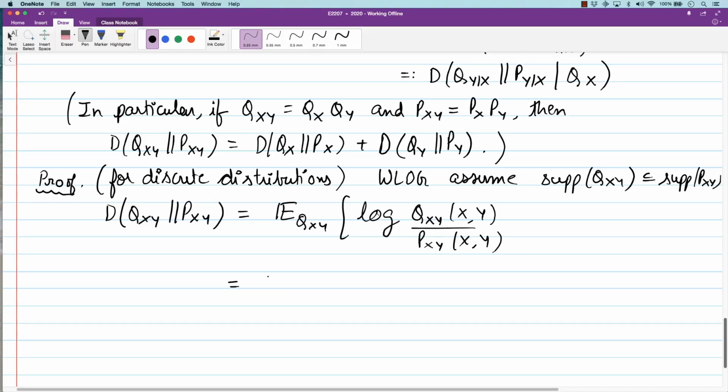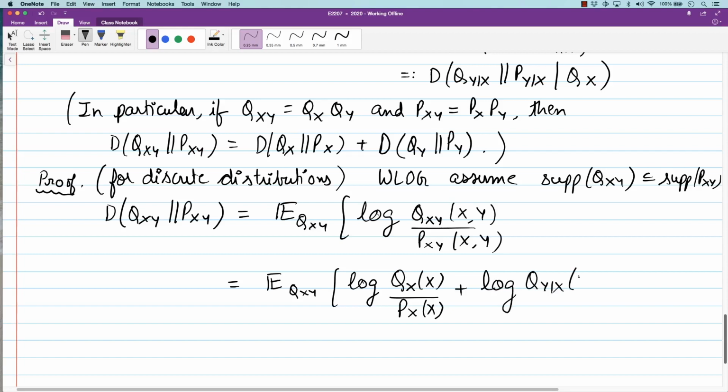So this is equal to the expected value with respect to qxy of log of qx by px plus log of qy given x by py given x.